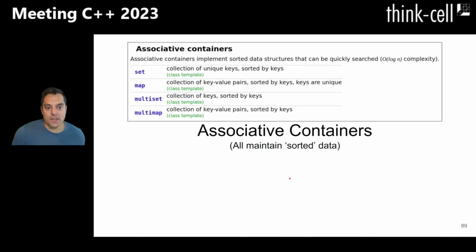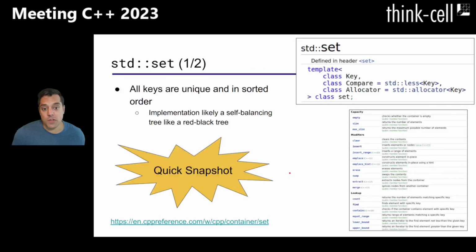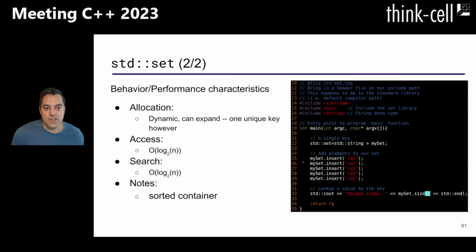All right, so let's go ahead and look at our associative containers, and then we'll look at the unordered versions of set and map briefly. Again, with set, all keys are unique and in sorted order, and you can see the interface here. I'll show you with an example. But because behind the scenes we have some balanced tree, that means that we're getting logarithmic performance. We've got to search through that tree. But on the plus side, these are sorted.